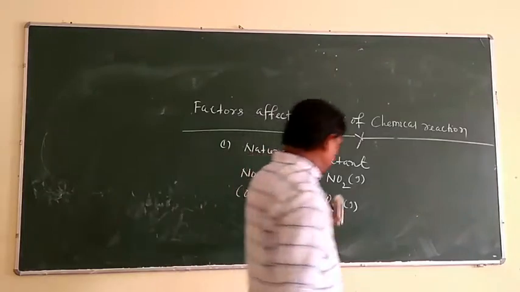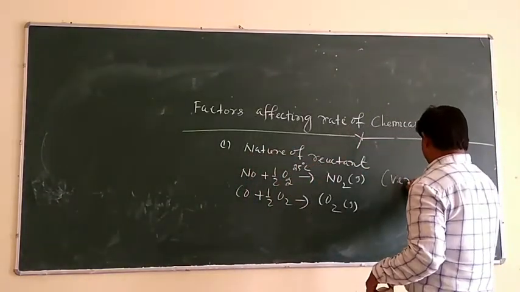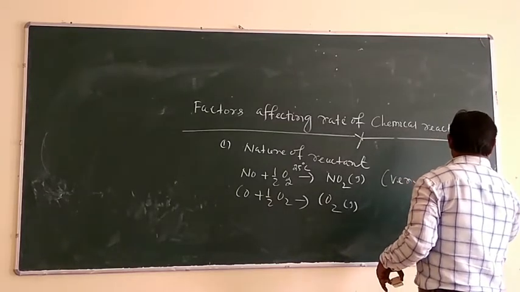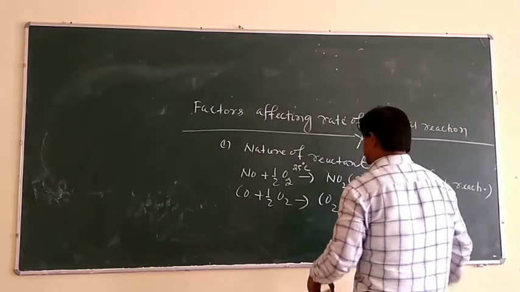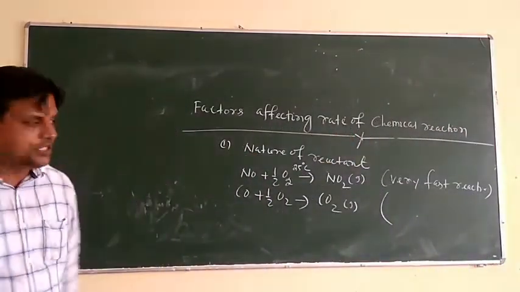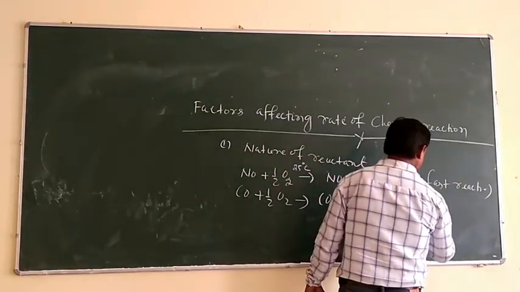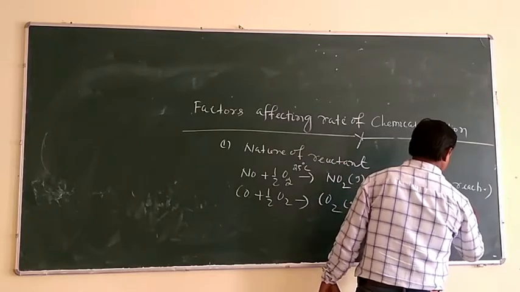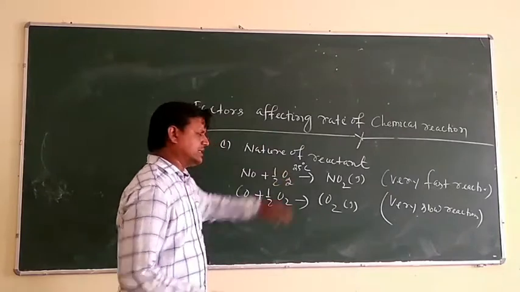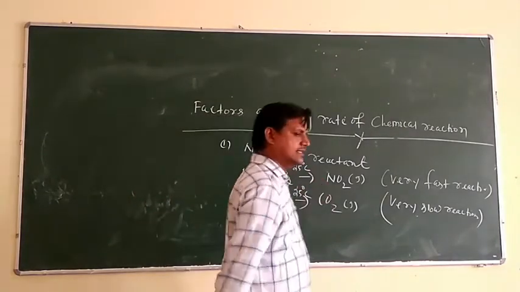But the number one reaction is a very fast reaction, and this one is a slow reaction. So number one, very fast reaction, and number two is very slow reaction. Category is same, same 25 degree centigrade.